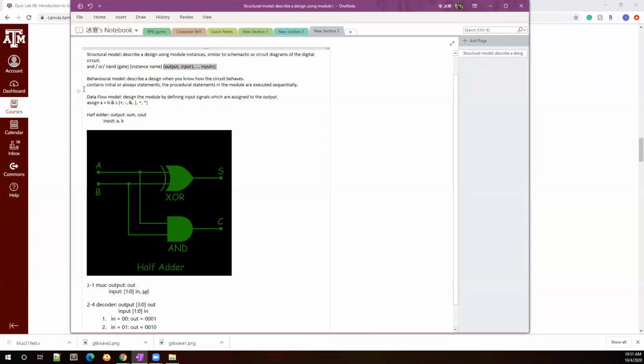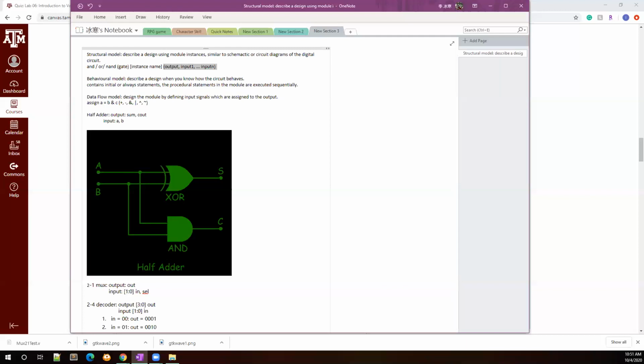Okay, next one is the behavioral model. The behavioral model is the highest level of abstraction, which completely depends on the circuit behavior or on the truth table. We can describe the design when you know how the circuit behaves. In fact, you can design this model without knowing what the inside components of the hardware are.